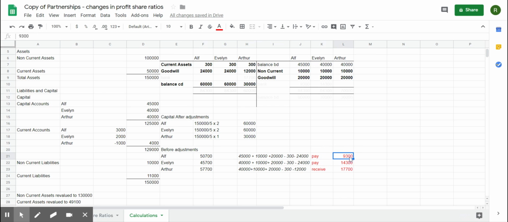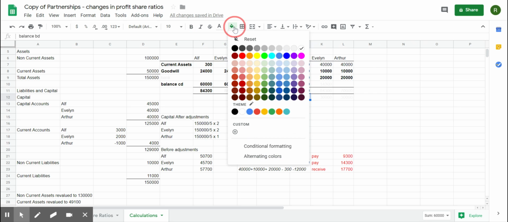So what Alf needs to do is pay some extra money into the business bank, 9,300 in this case. Okay, and hopefully now what we'll see is that Alf's account now balances off. Got 84,300 on the credit side, 84,300 on the debit side. Got a balance CD in there, and he's got a balance BD of the same amount.